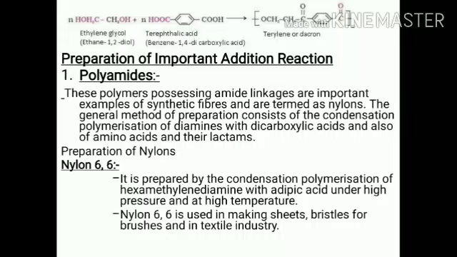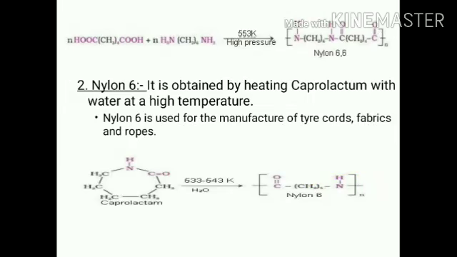Look at the property. Nylon 66 is used for making seats, bristles for brushes, and in the textile industries. What is the formula of nylon 66? Look at that.